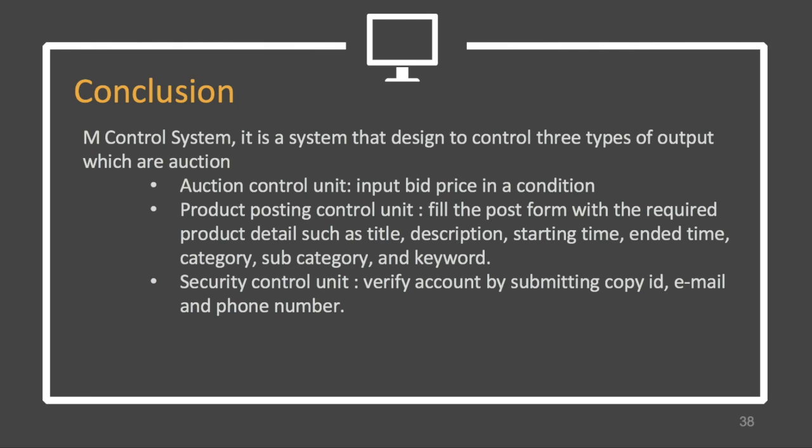It means filling in the post form with the required product details such as title, description, starting time, ending time, category, subcategory, and keyword. And the last one is the security control unit. It means verifying an account by submitting a copy of ID, email, and phone number. Then combining those things together is the benefit of the system control unit.